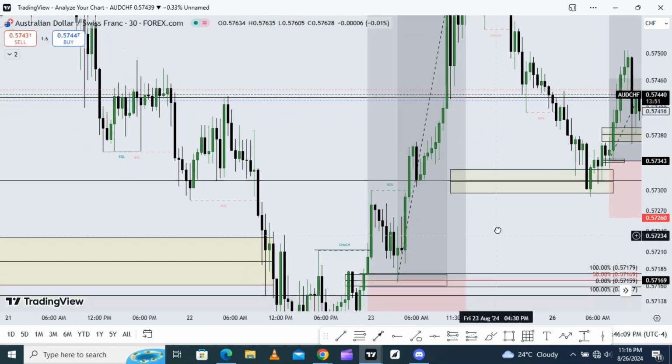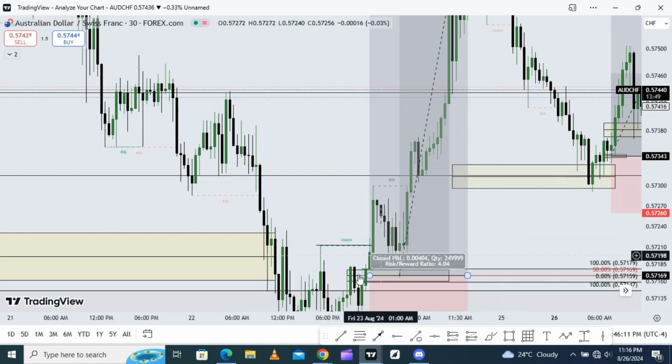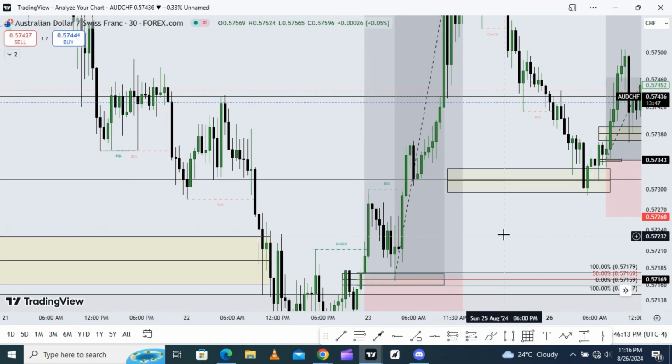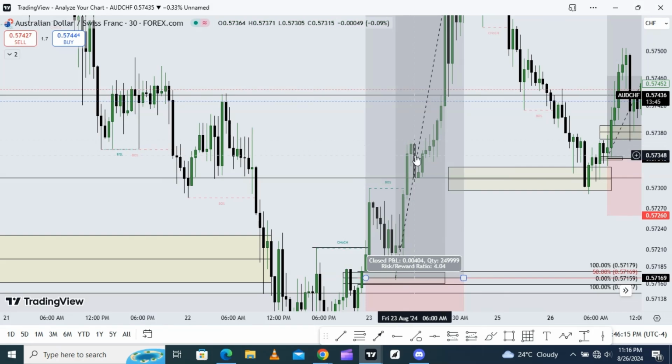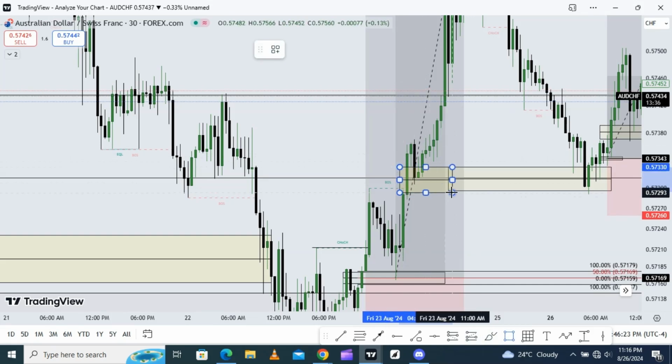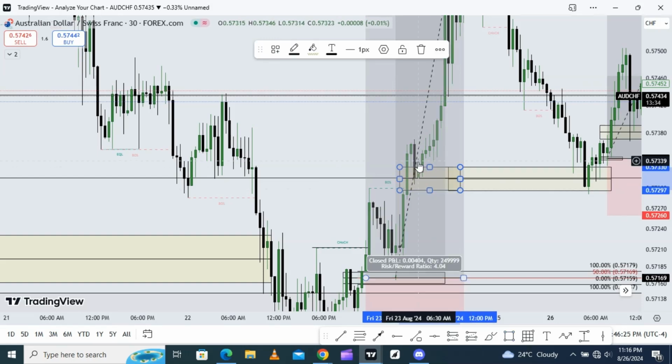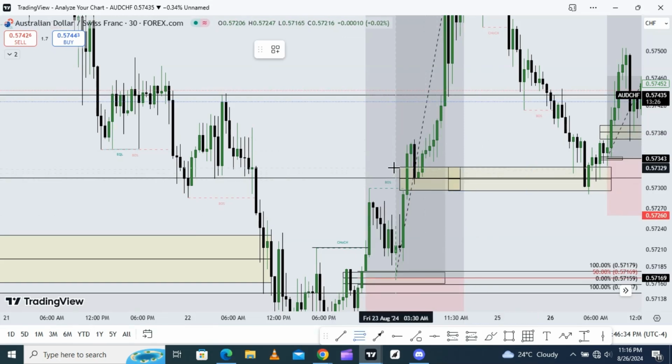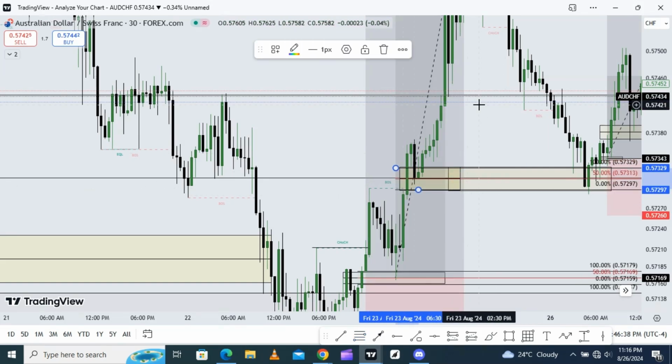Then market created a bearish candle at this level, which is my second entry, this level, fair value gap. See exactly the 50% level. Then I take my second entry at this level.